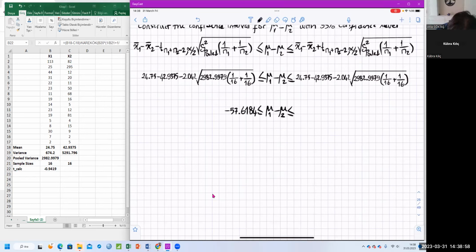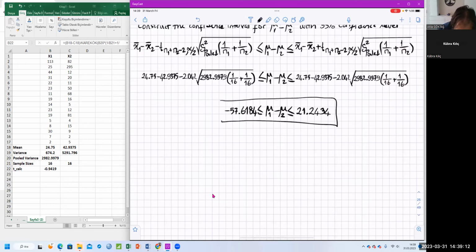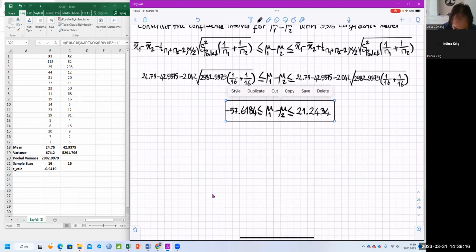The upper bound is plus 21.3424. That's the confidence interval.